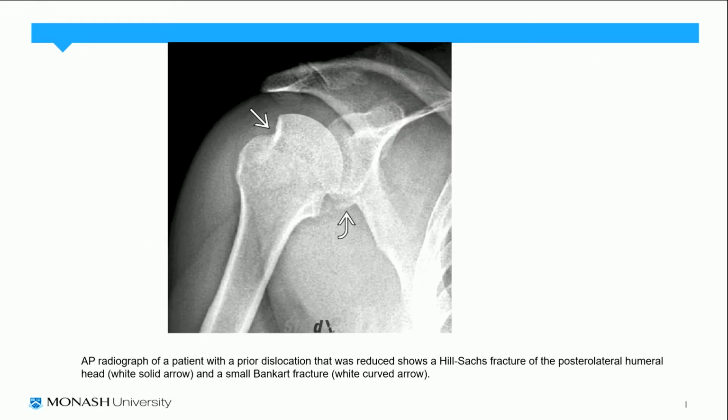On this image, we can see the Hill-Sachs lesion, which is the solid white arrow, on the superior lateral part of the humeral head. And then on the inferior area, we can see a small Bankart lesion, which is the curved arrow.